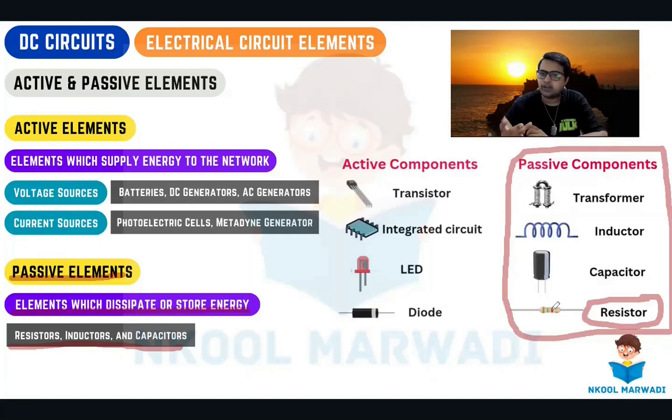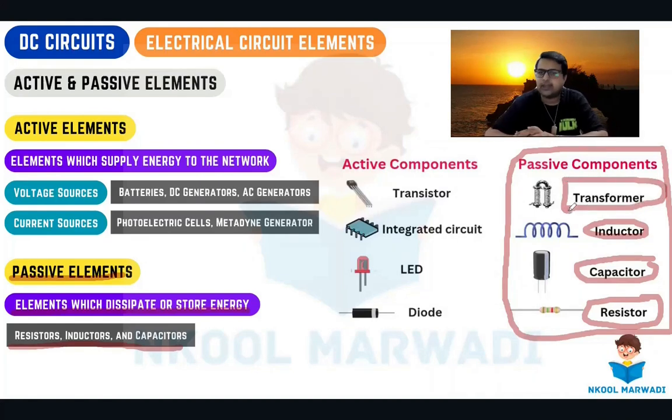It converts the electrical energy into heat energy, which gets wasted. Then we have capacitors, which store the energy. We have already seen that capacitors convert the electrical energy into electrostatic energy and store it. Inductors convert the electrical energy into magnetic energy and store it. And transformers, which you will study in great detail later on, also basically store energy.